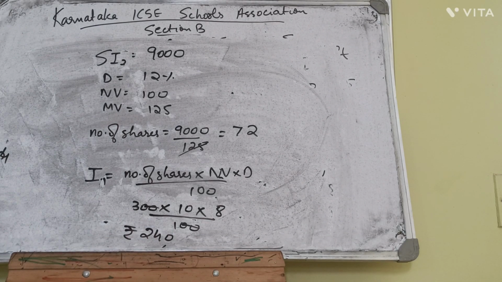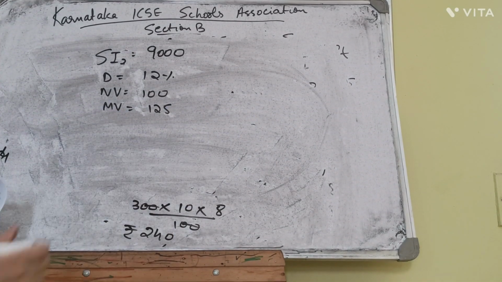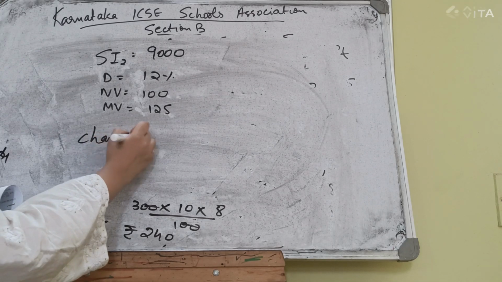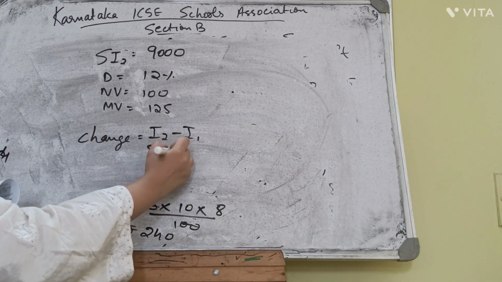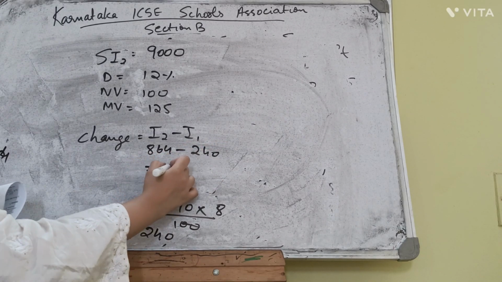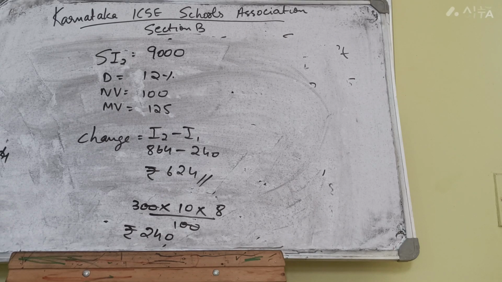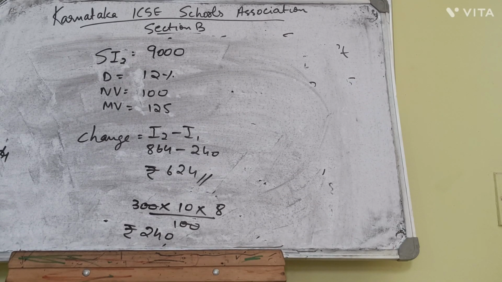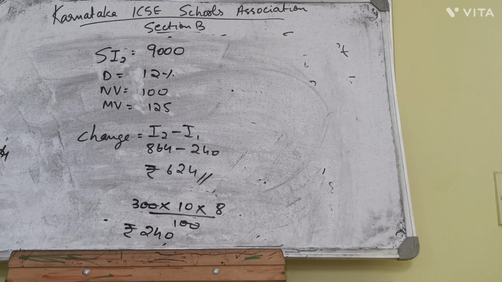So this is 240. So the first income is 240, second income is 864. We need to find change in the annual income. So the change in annual income will be I2 minus I1, 864 minus 240, which is rupees 624. Alright, so this is the final answer.